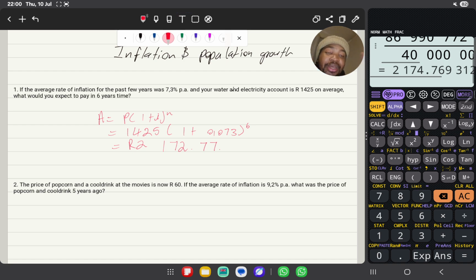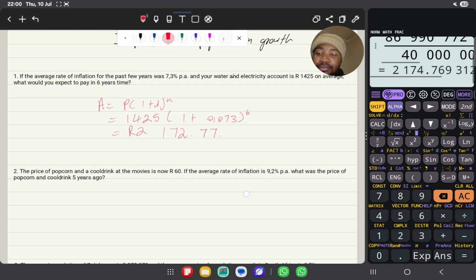That's how much we'll be spending for water and electricity 6 years later.